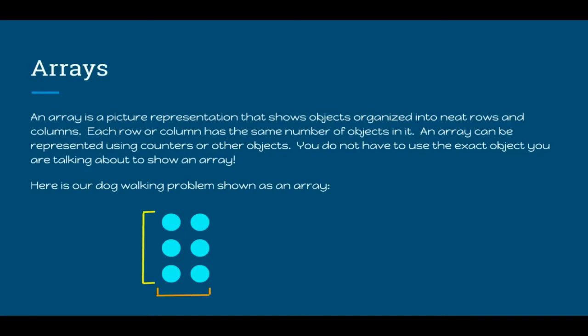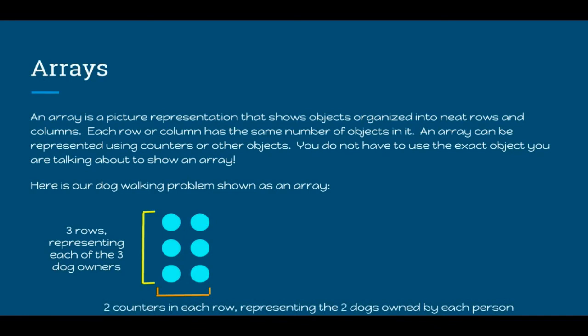So let's talk about our dog walking problem again. Below, you'll see an array that represents the dog walking problem from the beginning of our video. This array has 3 rows, representing each of the 3 dog owners.